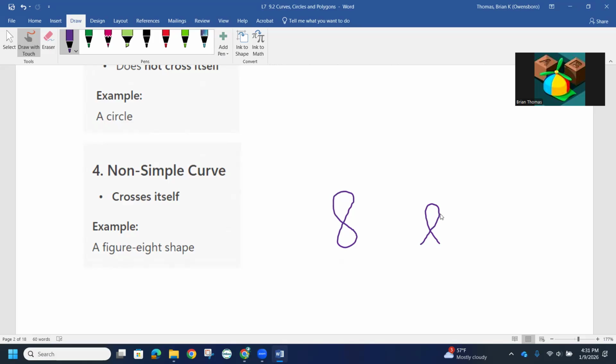It bends and comes around and doesn't finish back at the same point. So the figure eight would be one, or even something to this effect. It could be about anything: you could be bending, and then cross. That would be a non-simple curve because it crosses itself. So we have that going on.